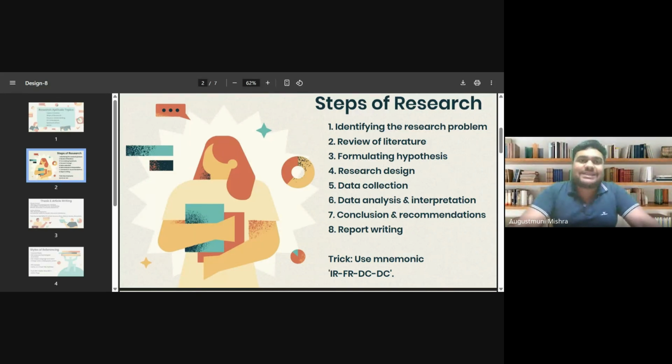So these are all the types of observation. This is the first method of collecting data. Then there is another method, that is the survey method.